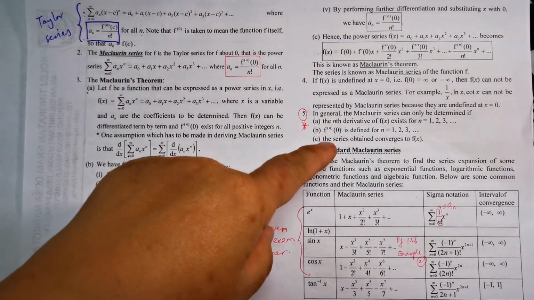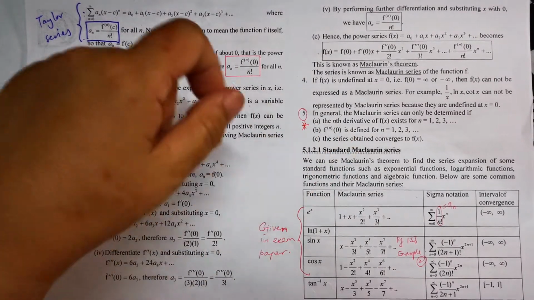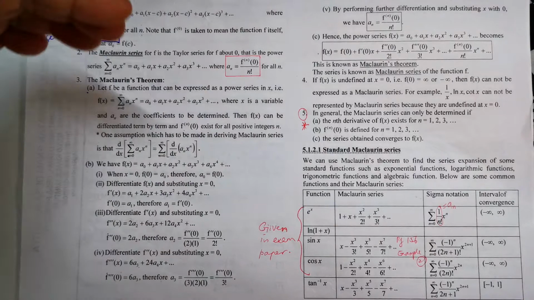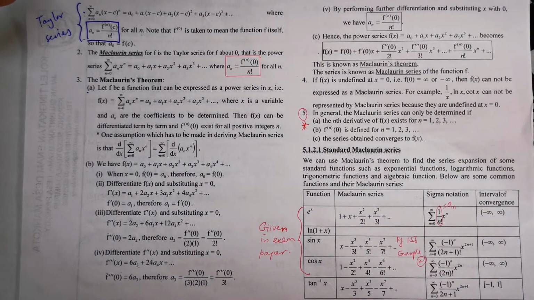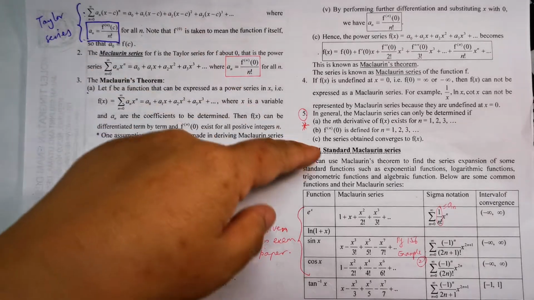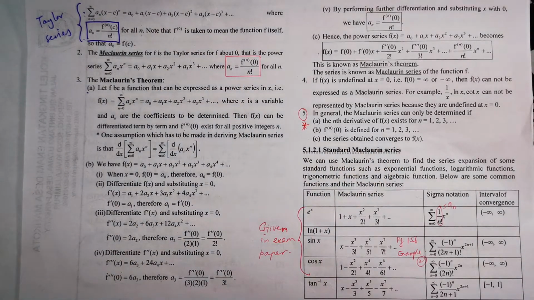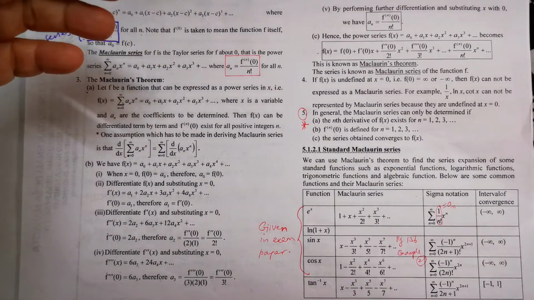Second, f^(n)(0) is defined, means when you substitute x equals 0 into any level of the derivative function, you can find the answer. And the last one is the series obtained converges to f(x). These three criteria must be fulfilled, so memorize it.